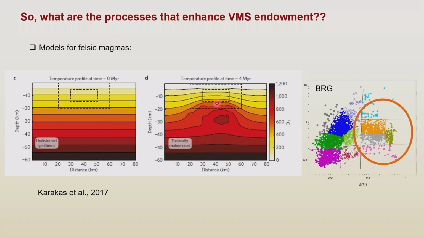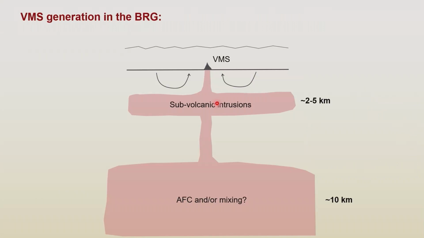So if we are observing that, we have more chance to store those magmas in the middle crust, generating all these processes of AFC or mixing that could be feeding even the subvolcanic intrusions that we can observe, or that could be necessary for the BMS generation.